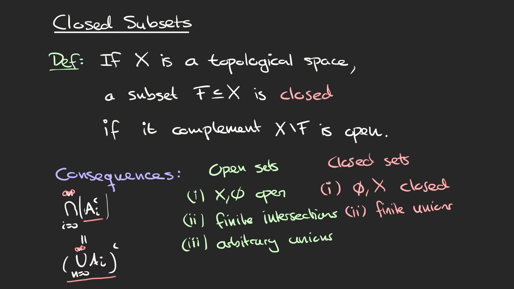Now, a very similar argument shows that the fact that the open sets are closed under arbitrary unions implies that the closed sets are closed under arbitrary intersections. So we can see that there's this duality between the open sets and the closed sets under complementation.